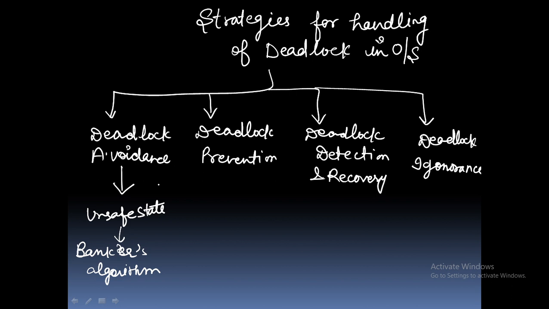Now I am going to discuss the second point, that is deadlock prevention. This strategy involves designing a system which violates one of the four necessary conditions required for the happening of deadlock, and this ensures that the system remains free from deadlock.